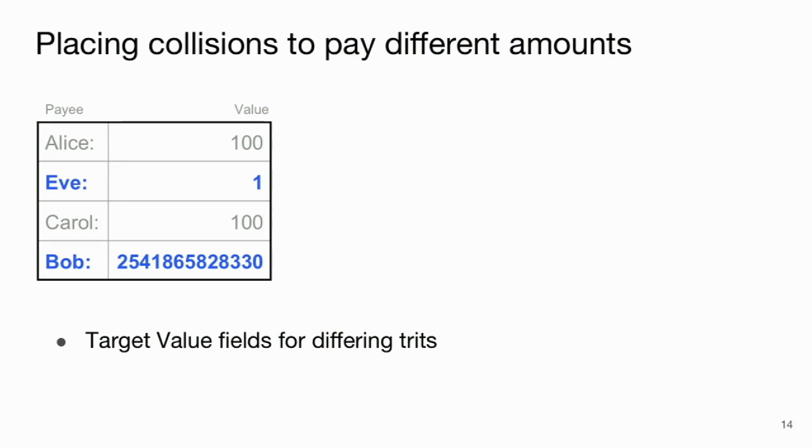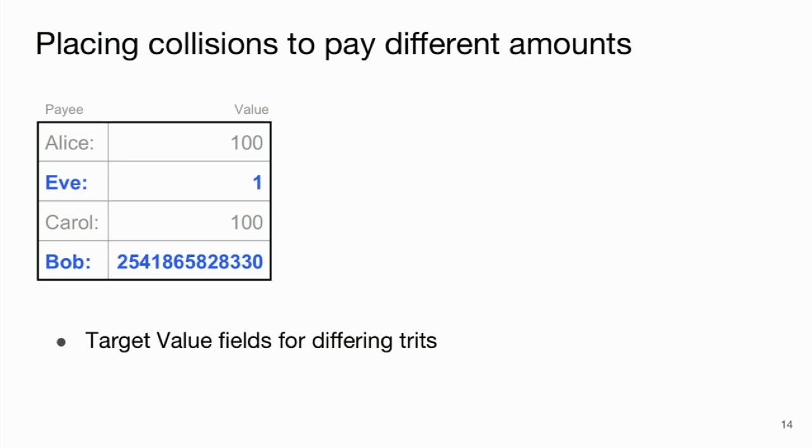So let's talk a little bit about exactly what these bundles Eve creates are going to look like. If you look inside a bundle, there are a few different fields that are important, one of which is the value field. So this is a bundle that pays 4 different people, but the important things to look at are the amounts that Eve and Bob get, okay?